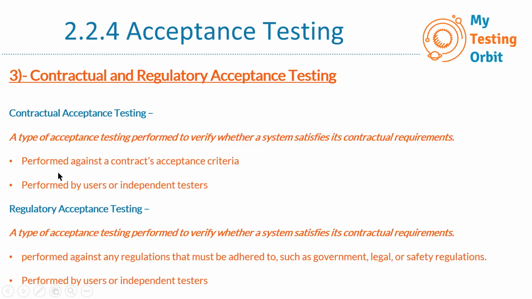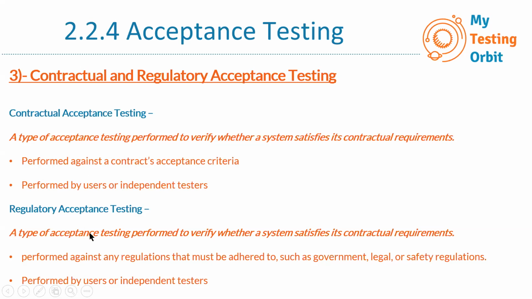The same is for regulatory acceptance testing, a type of acceptance testing performed to verify whether a system satisfies its regulatory requirements. It is performed against any regulations that must be adhered to, such as government, legal, or safety regulations, and it's done by users or independent testers.